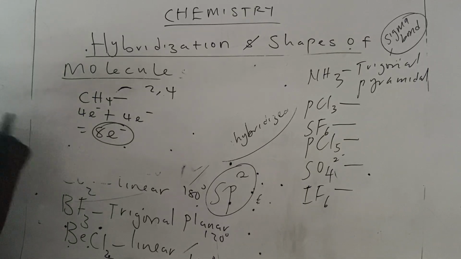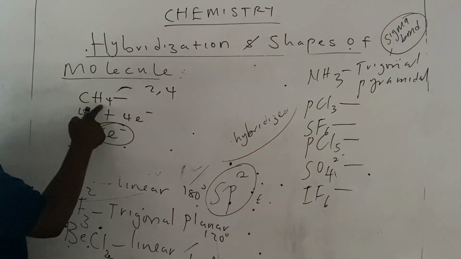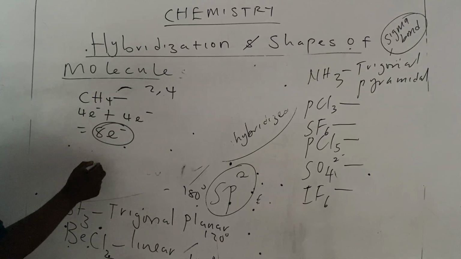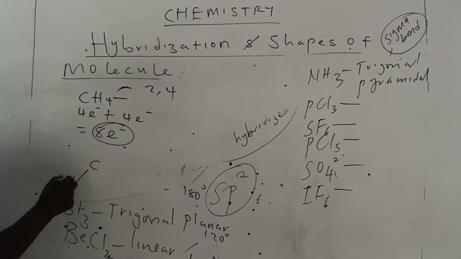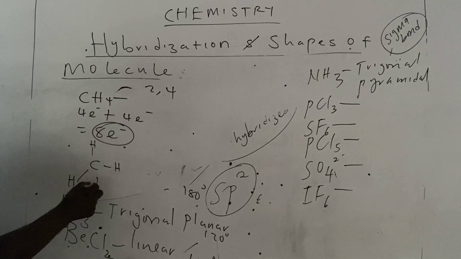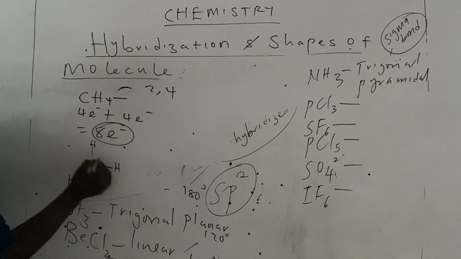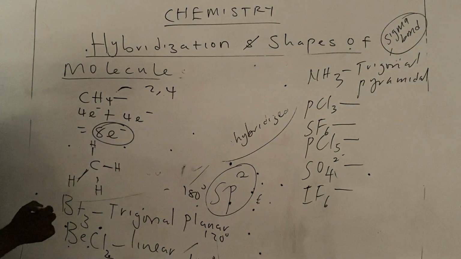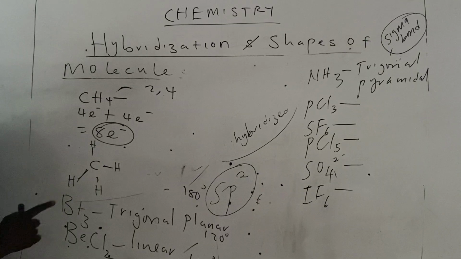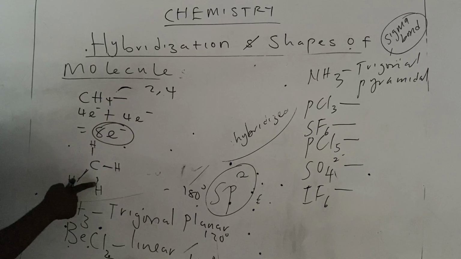Because we have 8 electrons here, I'm now going to draw methane. Let's see how it will look. Now, this thing you are seeing here represents 2 electrons. Because of time, I want to stop here. Oh no, I would have loved to cover this. Okay, no problem, tomorrow. So you have this, this, this, and this.